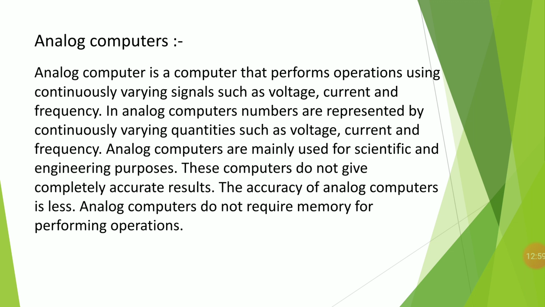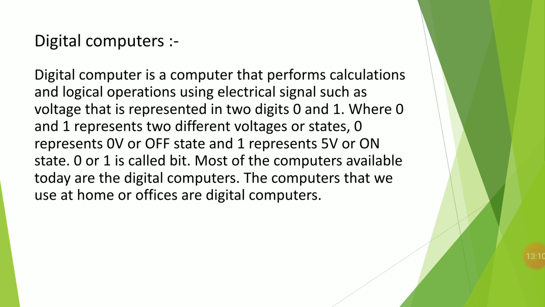We hardly use any analog computer these days. It means nowadays we are not using analog computers. Next is digital computer. A digital computer works on the principle of the binary digit system, like 0 and 1.